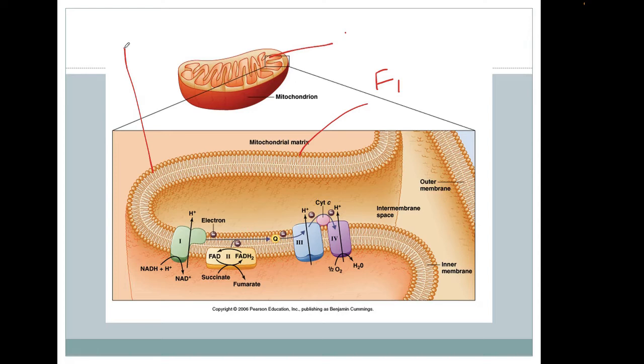These particles are 8.5 nanometers in length and are arranged at a distance of 10 nanometers from one another.